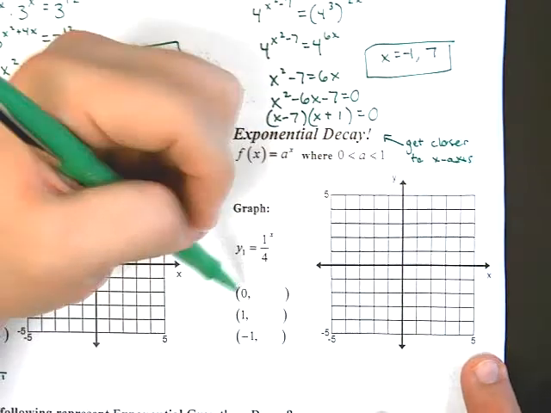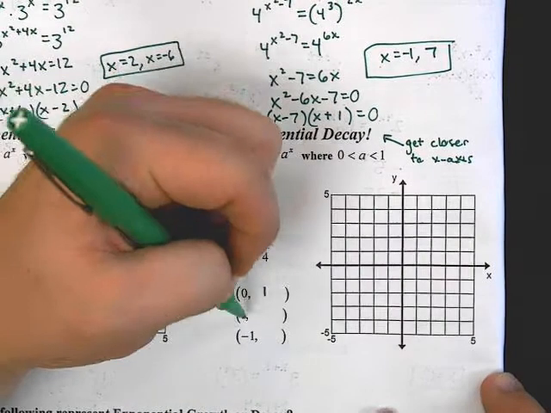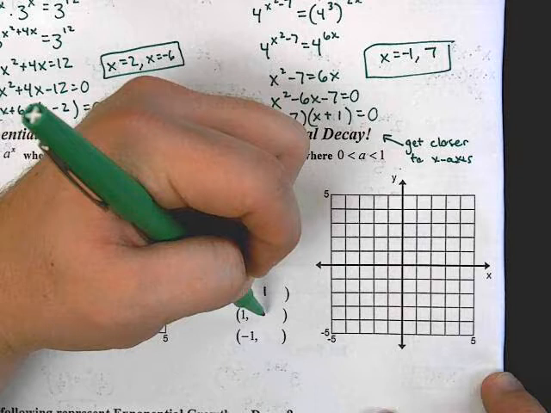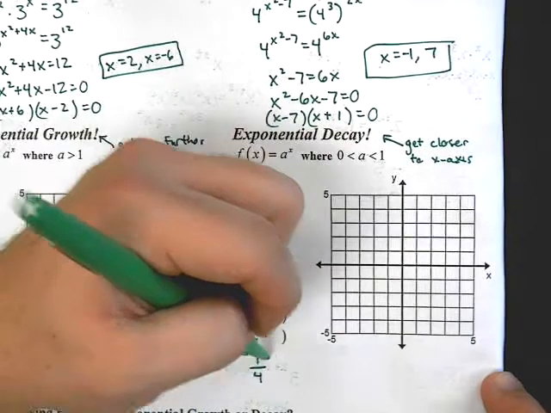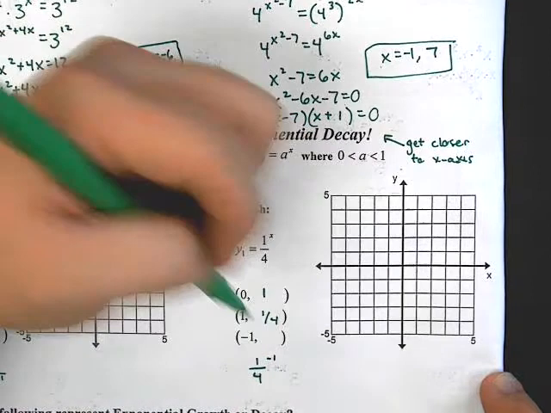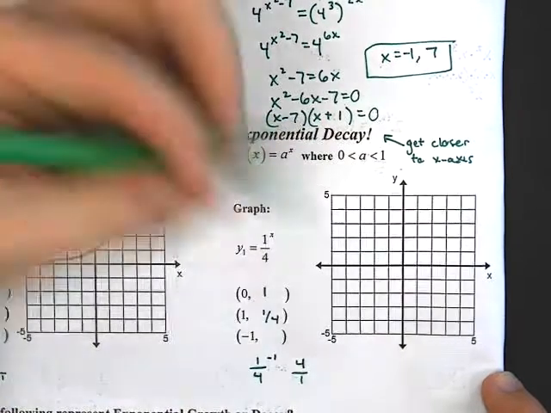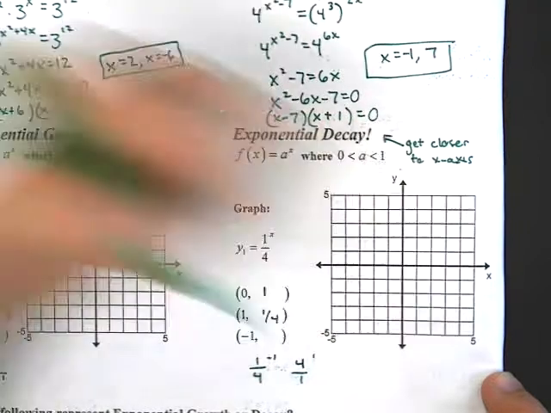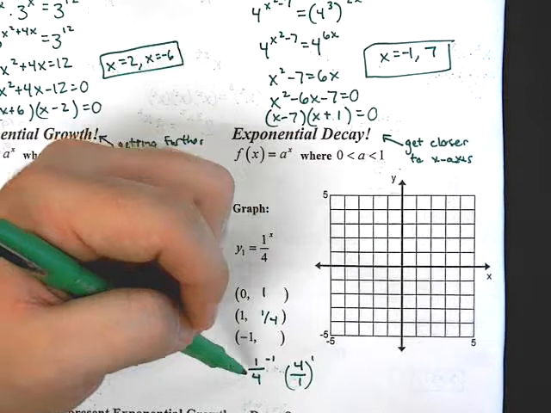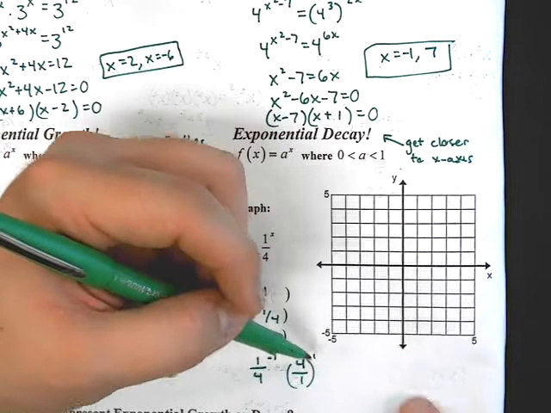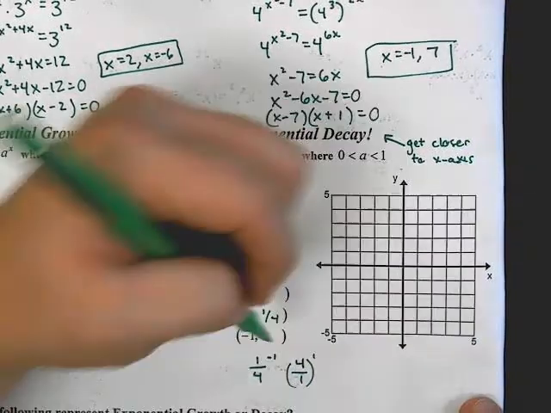When I plug in 0, 1/4 to the 0th power, that's still 1. 1/4 to the 1 is 1/4. 1/4 to the -1st means you're going to take the reciprocal and raise it to the 1st power, okay? You flip the base, and then you make a non-negative exponent, okay? So this is just 4.